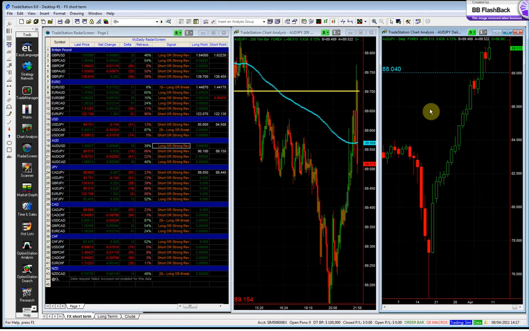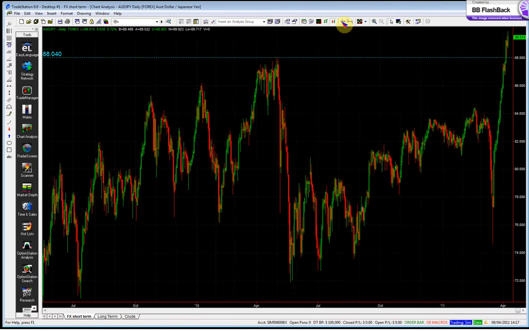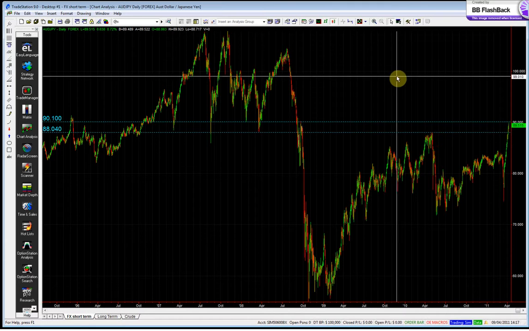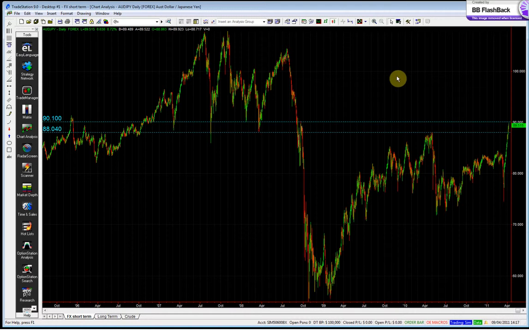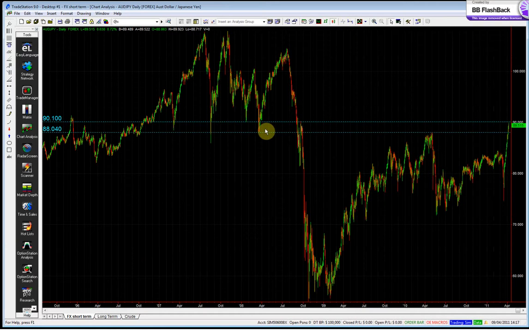Okay, now in terms of structural points, the 88.04 is our structural long, so we're already above that. So our bias continues to be to the long side.